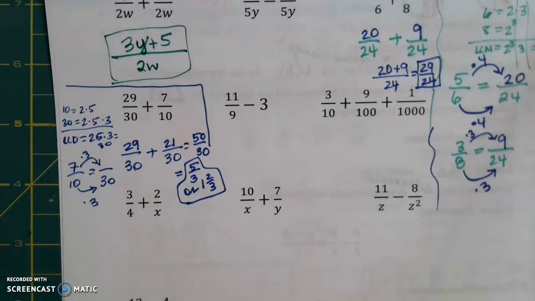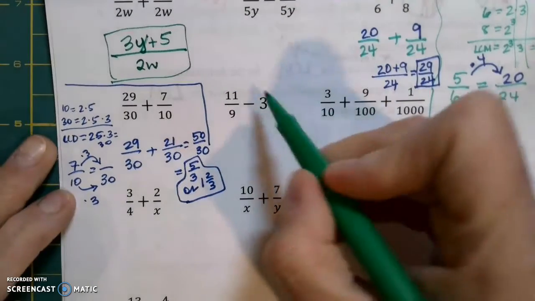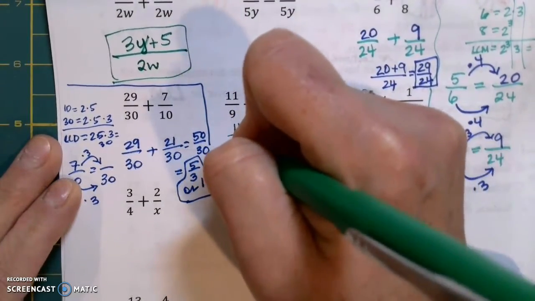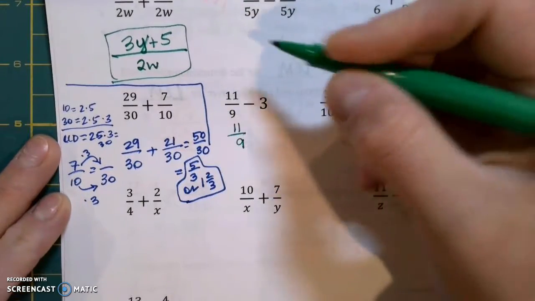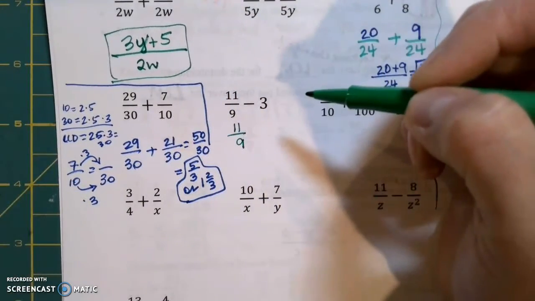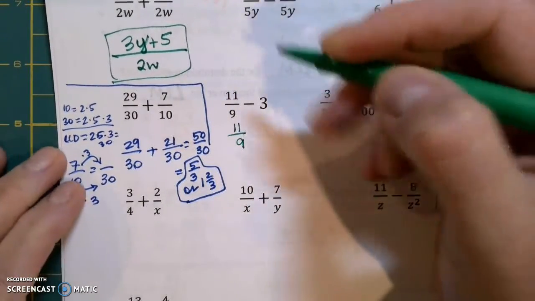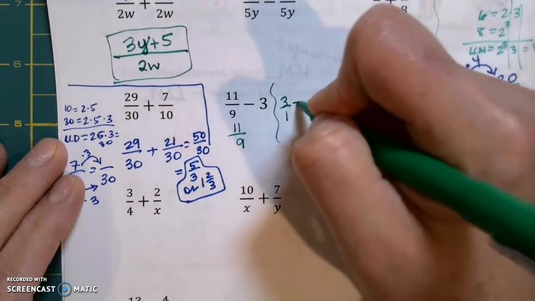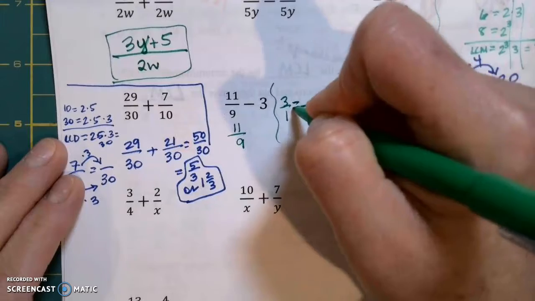Now the one next to this one, we have a whole number and a fraction. So just remember that you can make the whole number have whatever denominator you want. So you might as well make it have the denominator of the other fraction you're concerned about. So we're going to be making 3/1 into something with a denominator of 9.